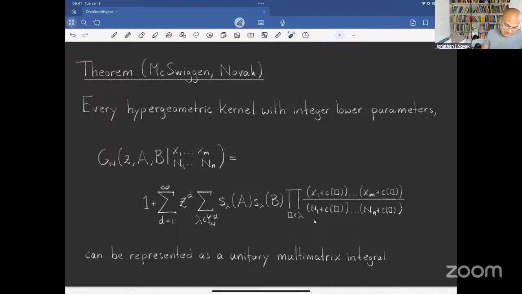And in that sense, the definition of these hypergeometric kernels as power series and Schur polynomials is more important. The matrix integral representations are very useful, but in a sense they're special. And really, you should think about this as being the fundamental object that we would like to analyze. And if we can, then all of these matrix integrals become accessible.